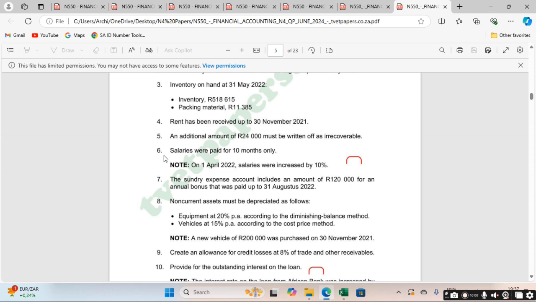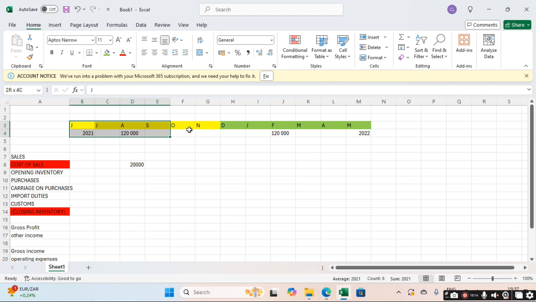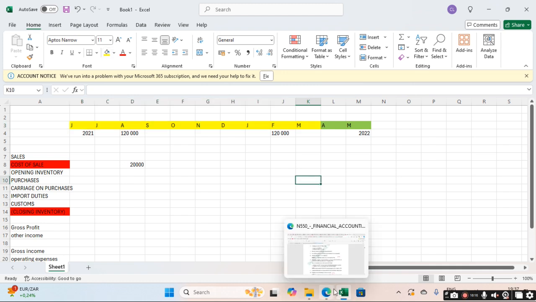We have salary. The salaries were paid for 10 months only. Going back, our 10 months ends here. How much was paid for these 10 months?